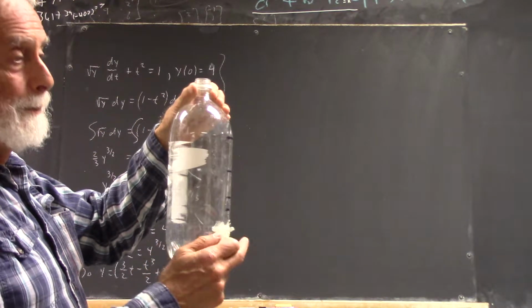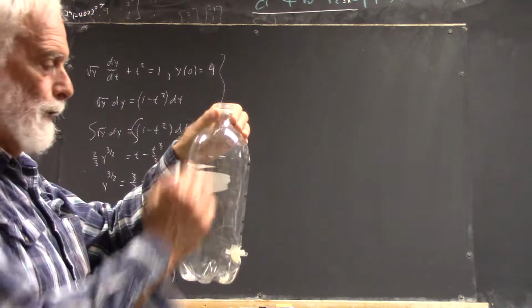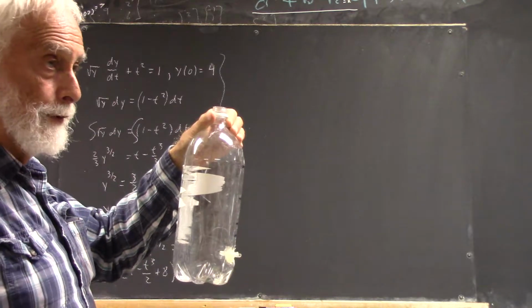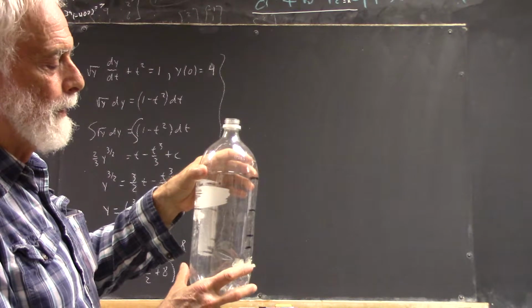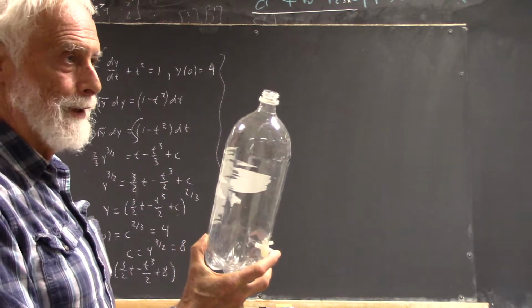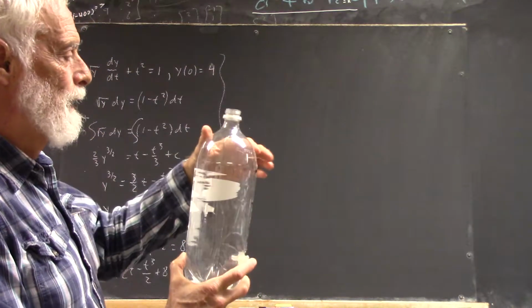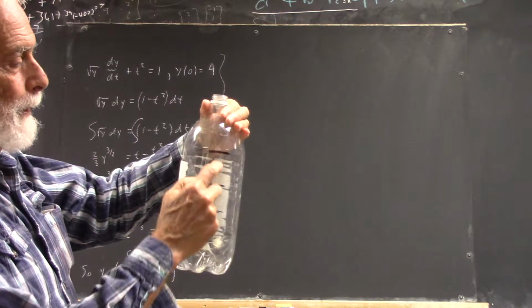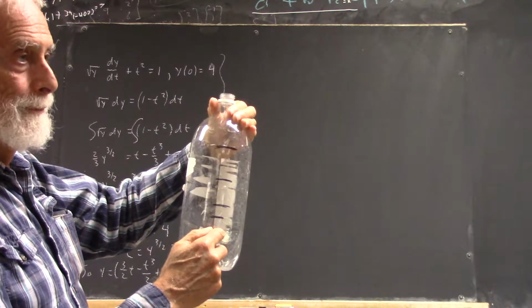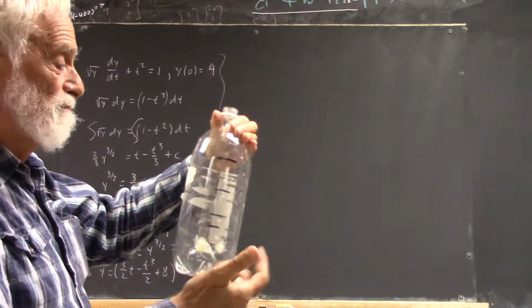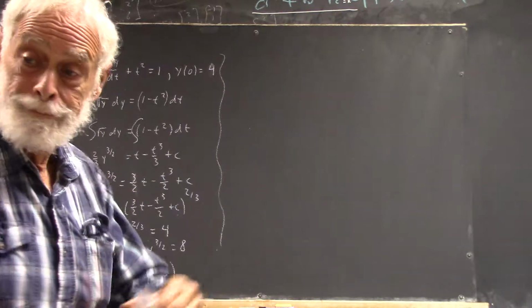It has a tube sticking out of it. Fill the bottle with water. Water's going to flow out of the tube. Okay? So if the thing is full and you've got your finger over the tube so it's not leaking, fill it up, let it go. We've got marks there. We can observe where the water is versus the time that's elapsed.